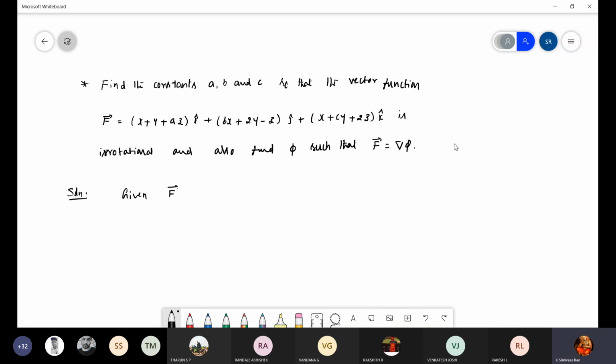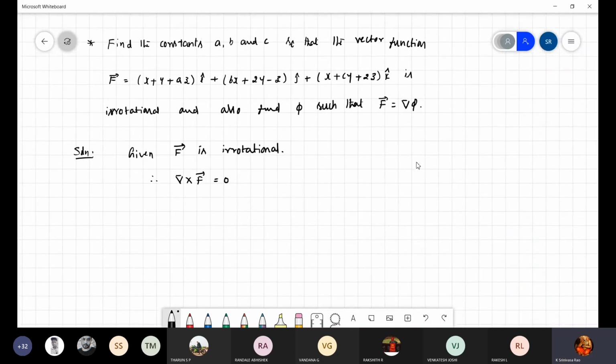Given vector F is irrotational, therefore curl F equal to 0. Write the formula of curl F and substitute our problem.